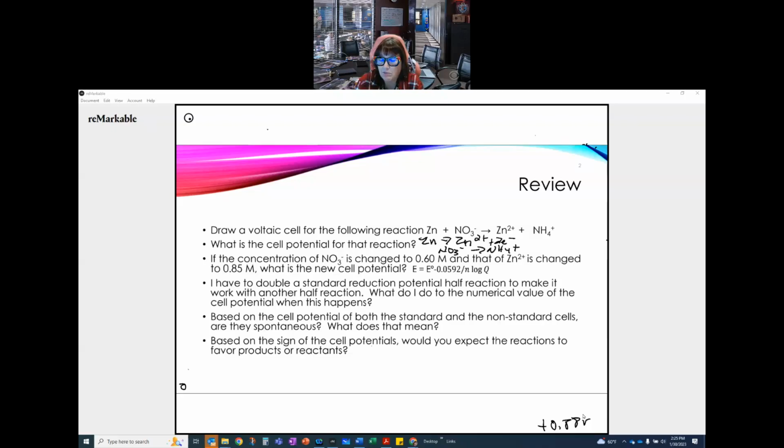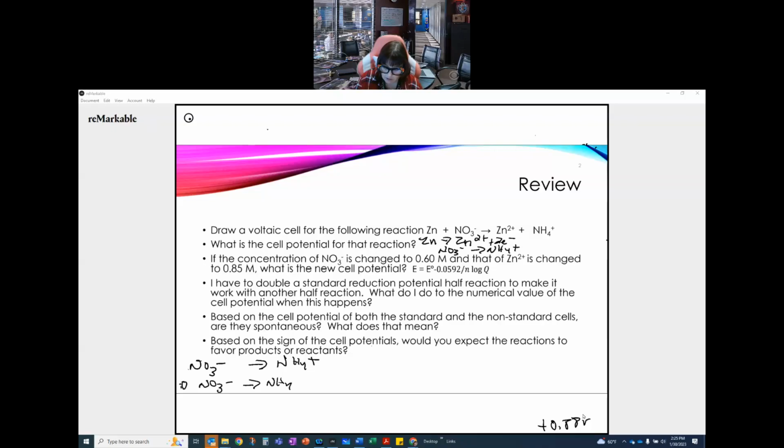So I need to take that portion and find some space. Sorry. NO3 minus is going to go to NH4 plus. Now I have one nitrogen on both sides, so that part is balanced. So I need to deal with the oxygen. I have an excess of oxygen on my reactant side. I have 3 of them.